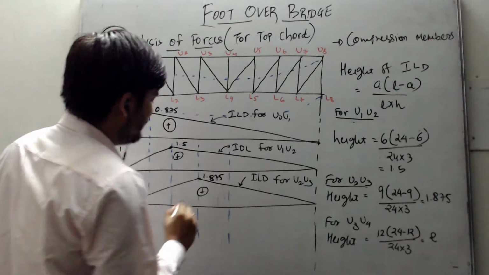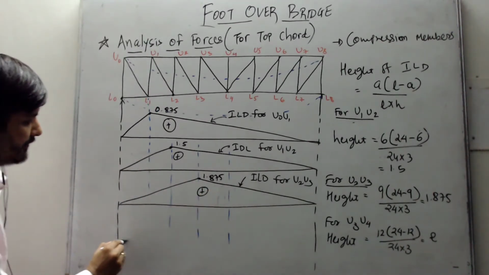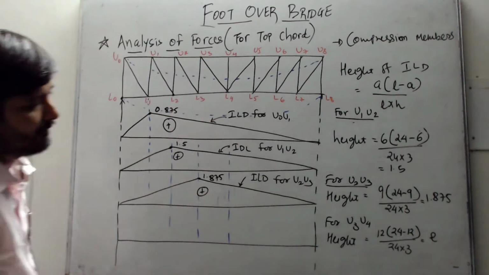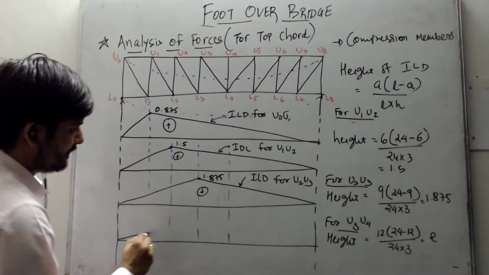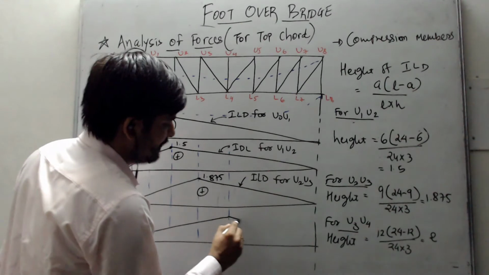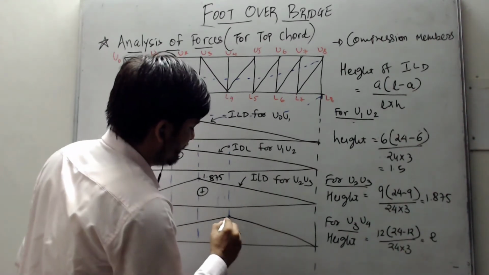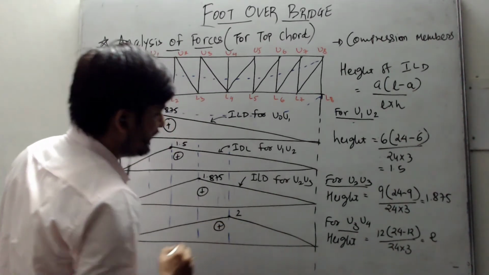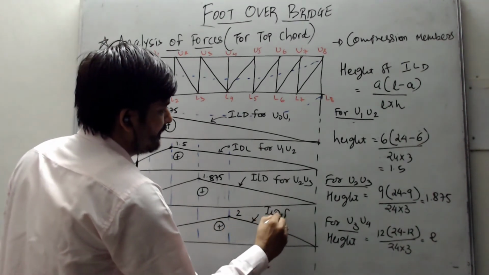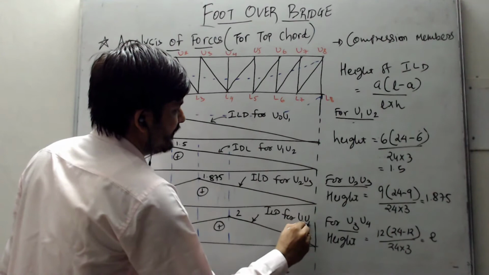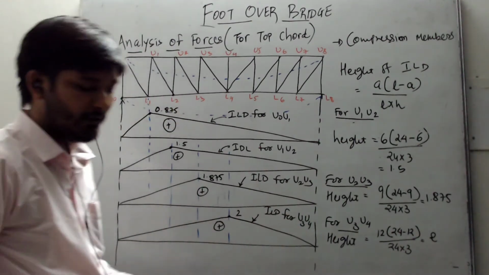And for the last, for the u3, u4 member, I need to draw a triangle up to the center member like this. This value will be 2, it will be positive, and this is the ILD for u3, u4. So this is how you draw the influence line diagram.